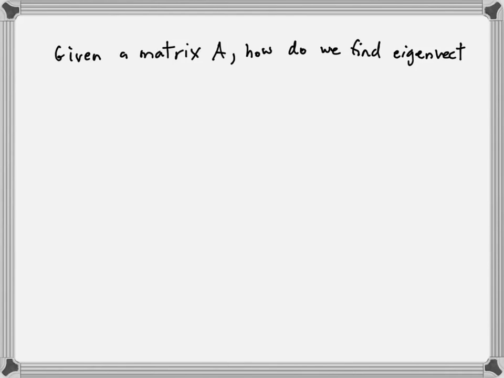So given a matrix A, how do we find eigenvectors and their eigenvalues?